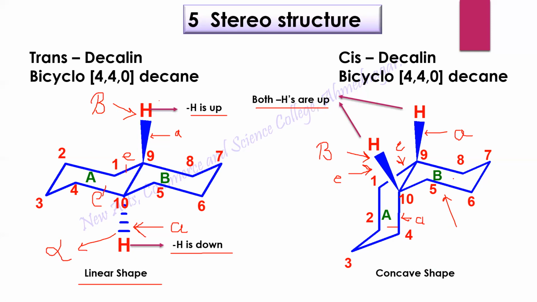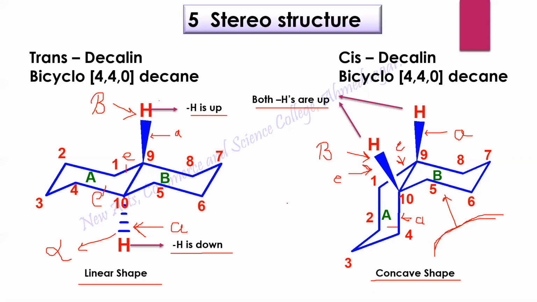Therefore, one ring, that is ring B, is in a horizontal direction, while ring A is vertical. The shape of this cis-decalin system is a concave shape.